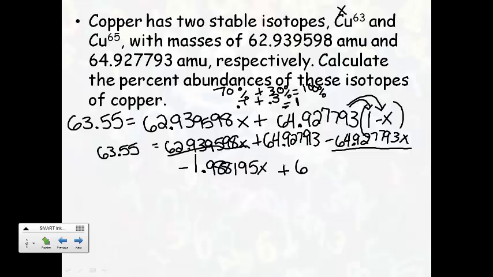And then we still got this non-X term over here, and that is all still equal to the 63.55. Now, we still want to get our like terms together, so we have a non-X term and a non-X term, so we're going to subtract this on both sides.